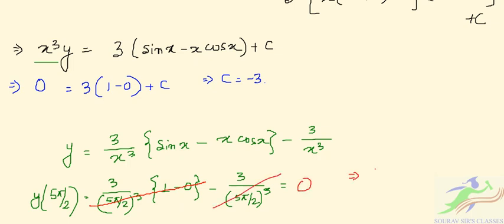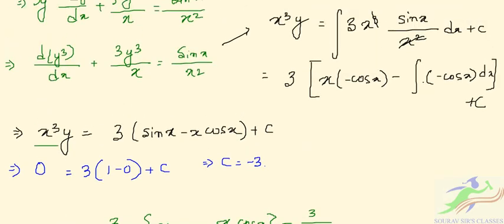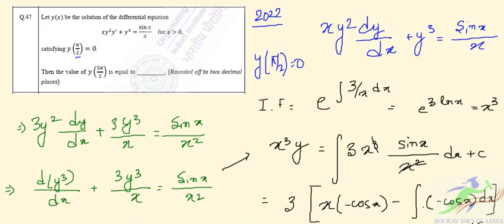So the value of y at 5 pi by 2 is equal to 0. So our answer will be 0. Okay.